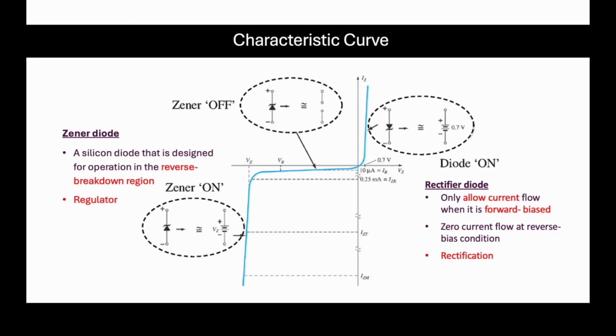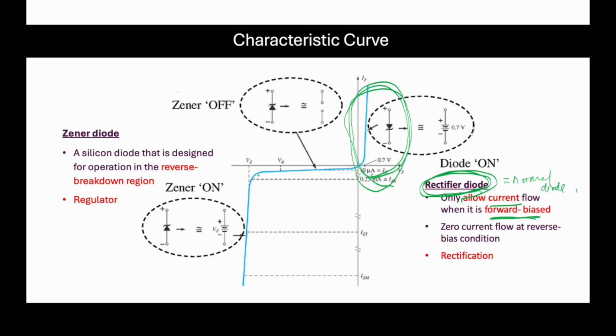All right, so let's look at the characteristic curve here. At the forward bias, the Zener will work as a normal diode. On the forward bias connection, the Zener diode acts as a rectifier diode, so it only allows current when it is forward biased.